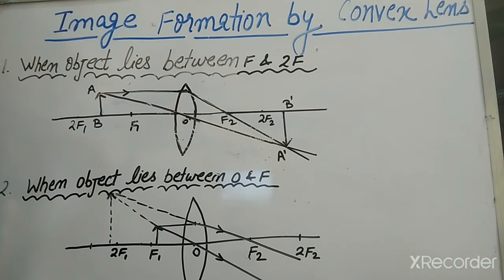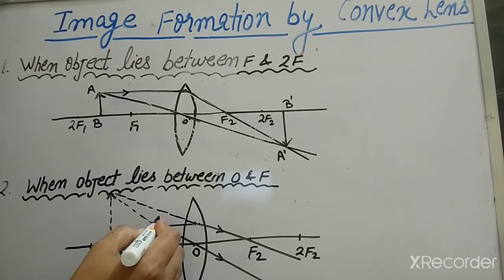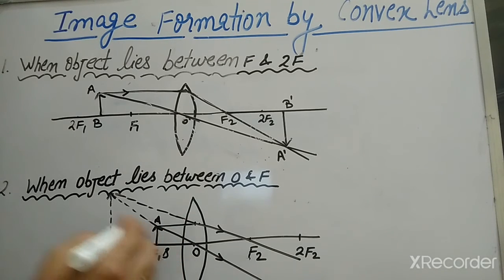Now another case, when the object lies between O and F. Here is our object, right? We can write here A and B, and it is A dash, B dash.